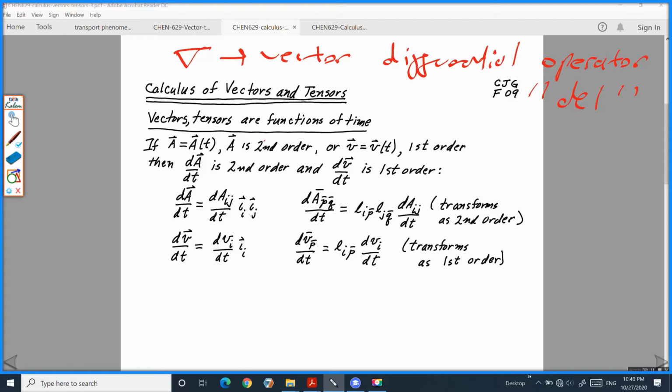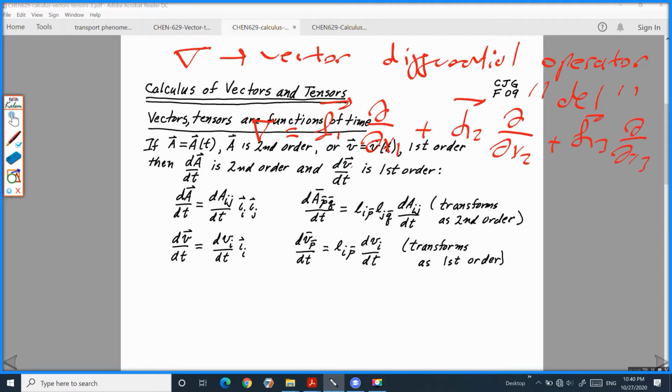For example, for any specific coordinate, let's say rectangular coordinates, del can be shown like this, plus e2 d/dx2 plus e3 d/dx3 by this form. By definition, the vector differential operator or the del operator doesn't have any meaning.